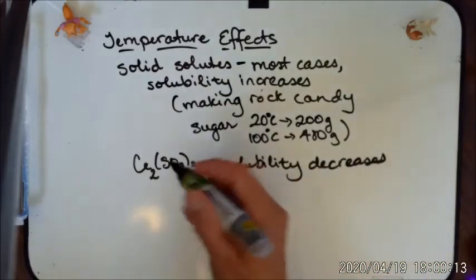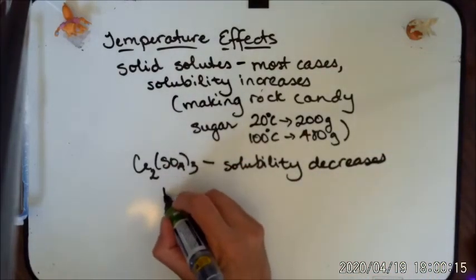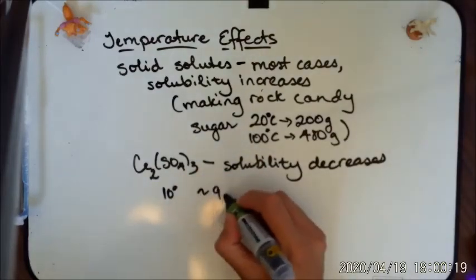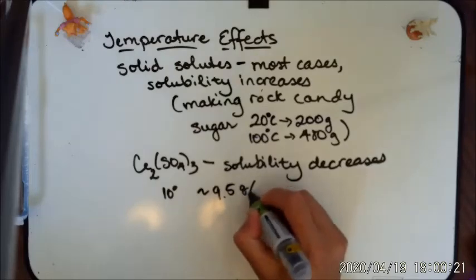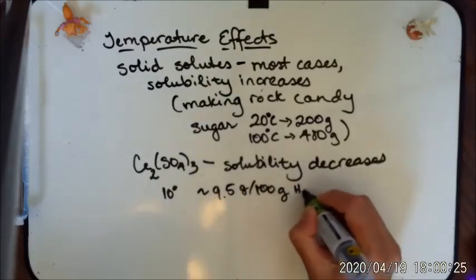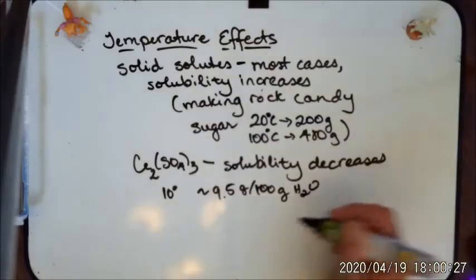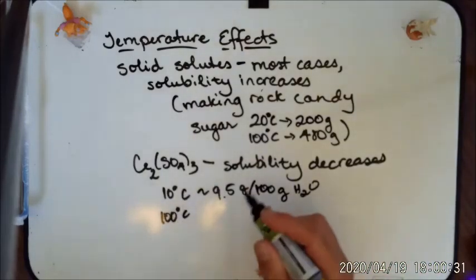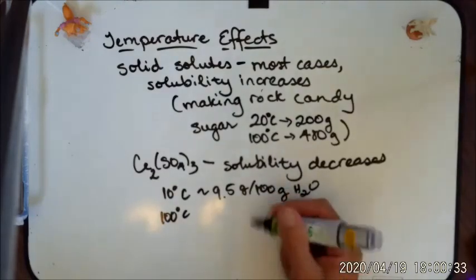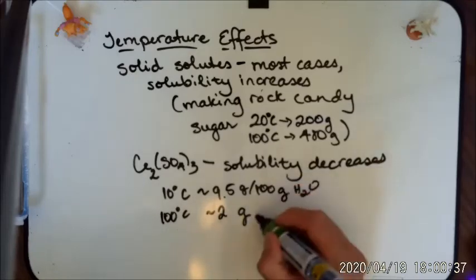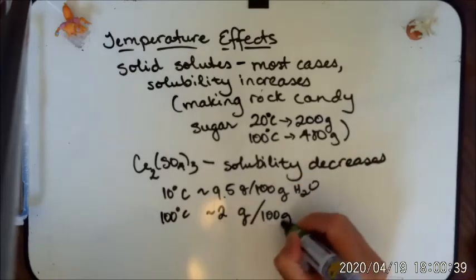So basically at, let's say, 10 degrees, it was about 9.5 grams per 100 grams water. And then at 100 degrees Celsius, it drops down to about 2 grams per 100 grams of water.